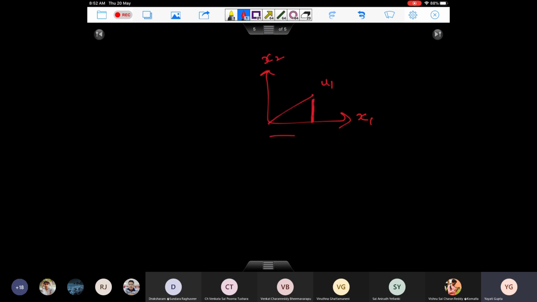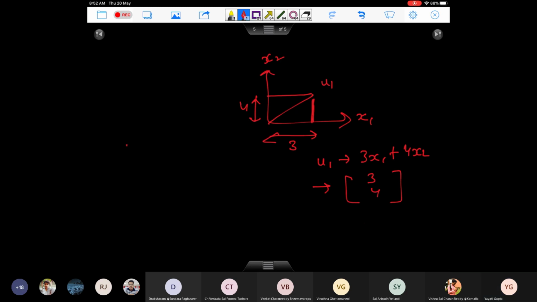This u1 is comprised of 3 units of x1 and 4 units of x2. If you want to represent it in matrix format, this would look like a column vector. So this is how you would represent u1.